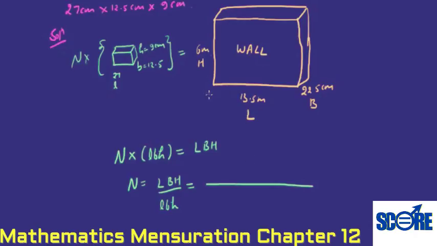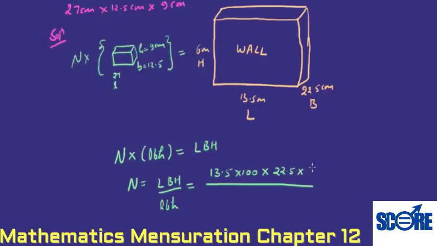Now what we see here is that some units are in meter and some units are in centimeter. Now we have to convert all the units to centimeter. On the upside, the length is 13.5 meter, so we have to multiply it by 100 to convert into centimeter. Now breadth is in centimeter, so there is no need to convert.